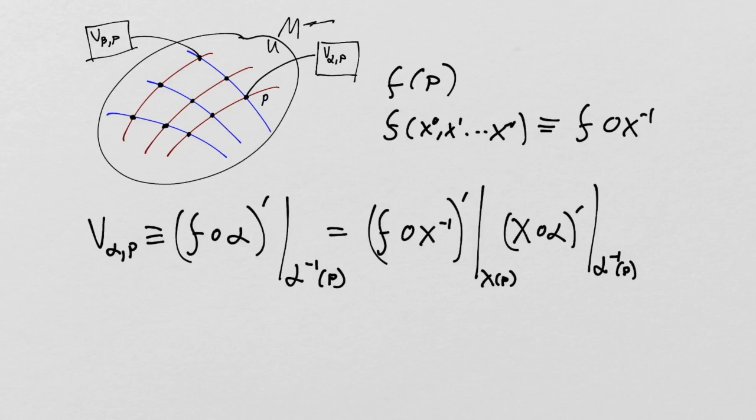So this here is f after x inverse, and I'm going to give this thing a name. I'm going to call this capital F. And I'm going to give this other thing a name too. This is the coordinates of the curve. The curve is alpha of tau, but then I'm doing x after alpha of tau.